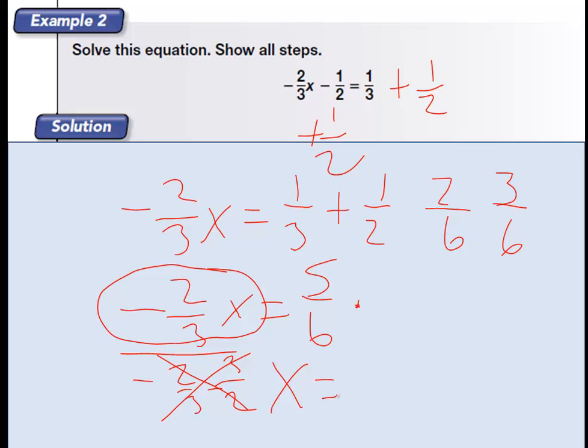And then over here we've got negative 3/2 that we have to multiply by. Let's reduce this a little bit, make this a 3 and a 2. 3 goes into 6 2 times. So we end up with negative 5/4. So x equals negative 5/4.